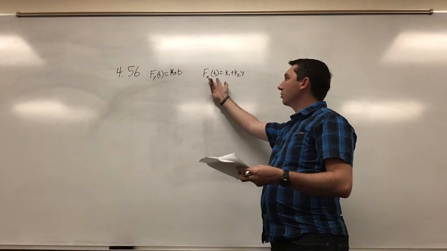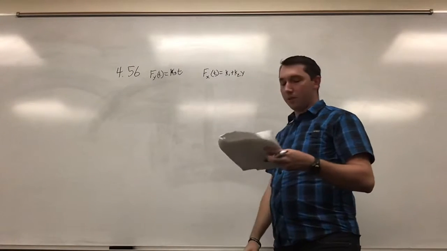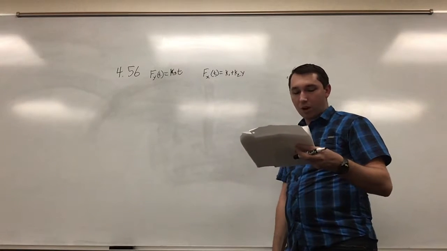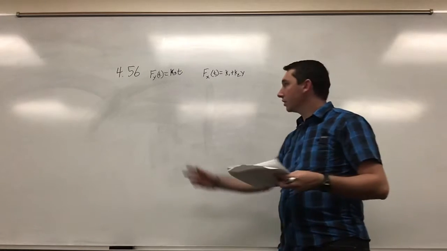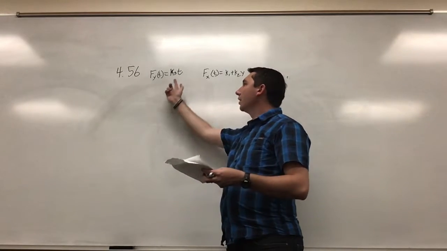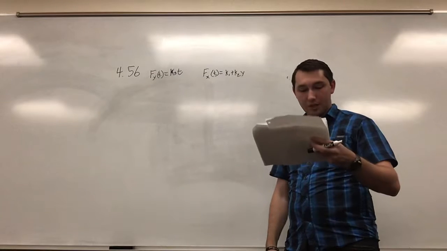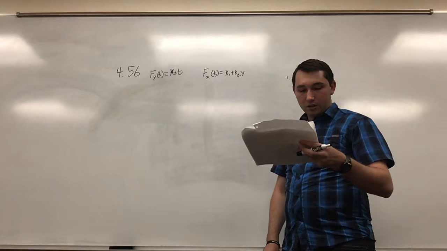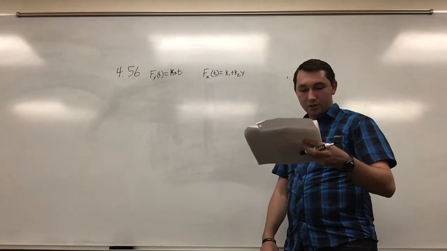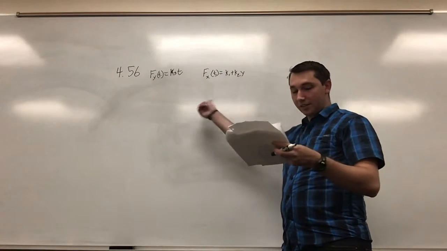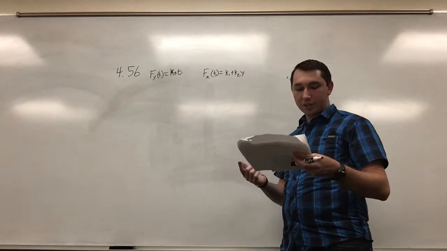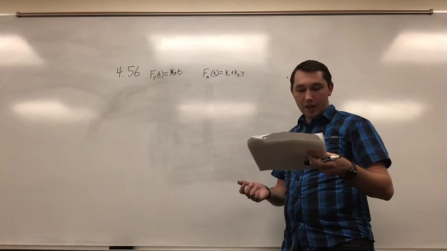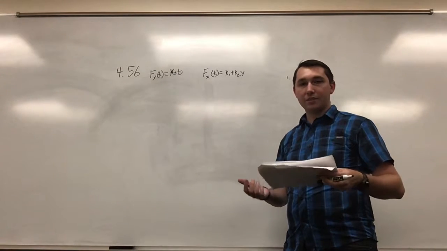The force in the x direction with respect to time is equal to k1 plus k2 times y, and the force in the y direction with respect to time is equal to k3 times the time, where k1, k2, and k3 are constants. Calculate the position and velocity vectors as functions of time.